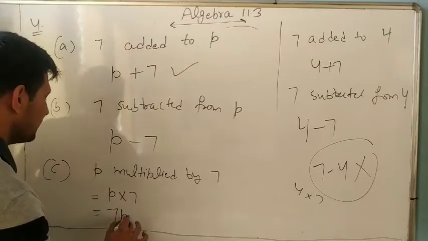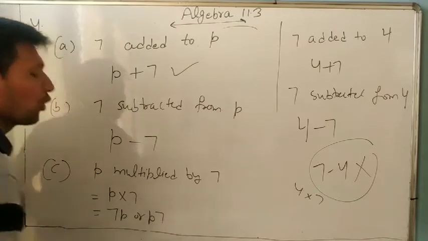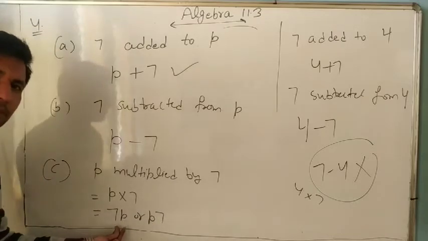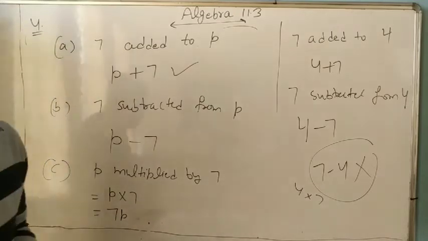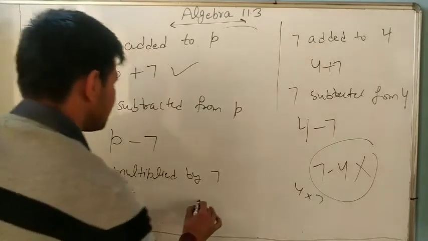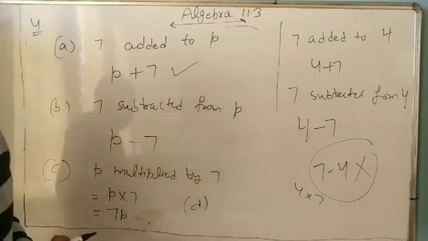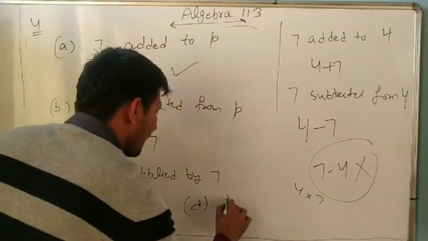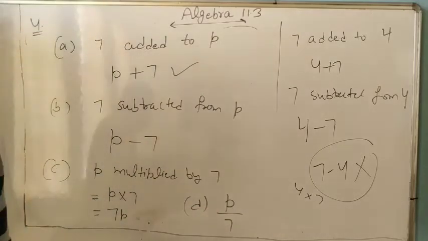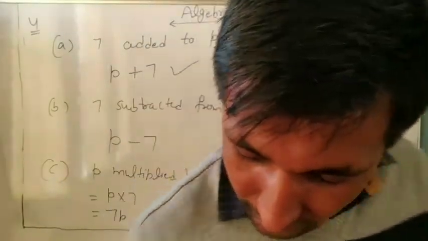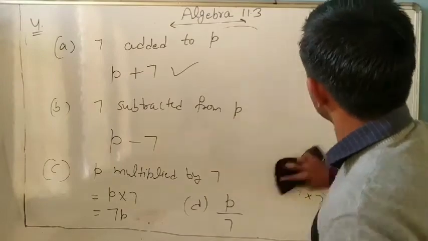So 7P, or you can write P7. Both are right, but 7P looks better. Same as it is, P divided by 7 in the D part. Understand?